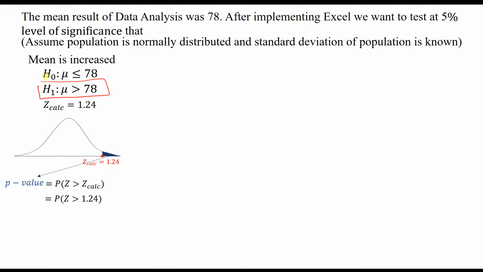So it is the probability of Z greater than 1.24. In order to find it, we work with the complement of that. So it is 1 minus the probability of Z less than 1.24. Why do we do it? Because in the table we can just read the probability of the left-hand side of that value.